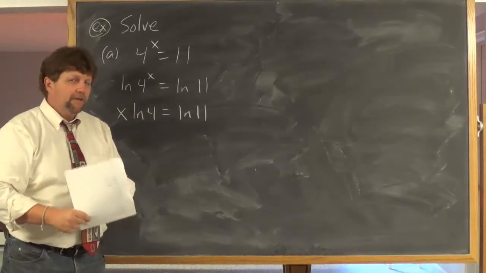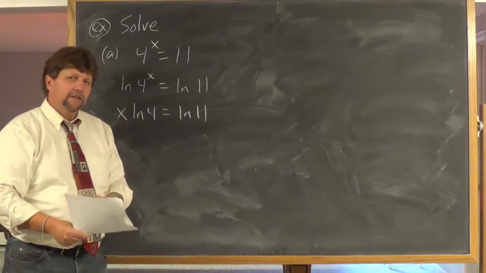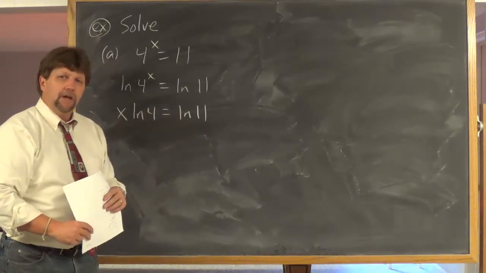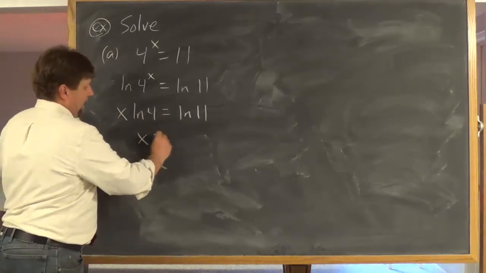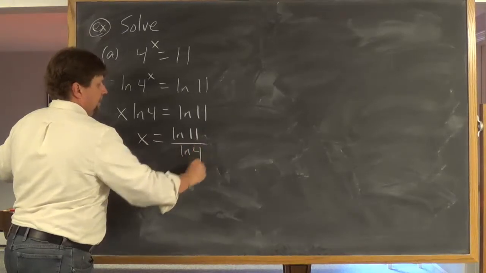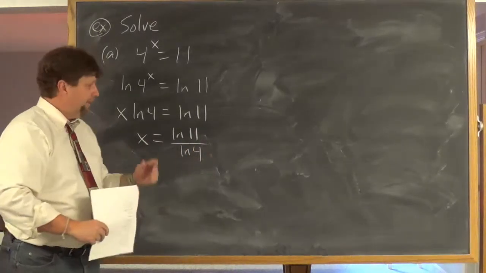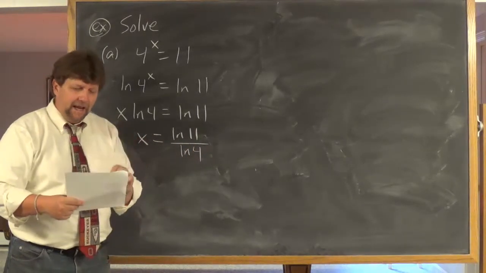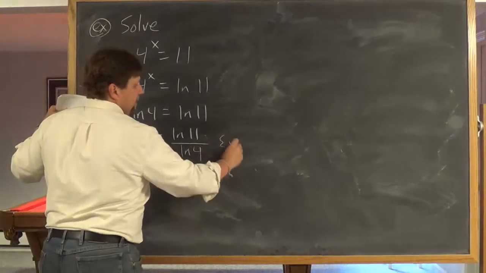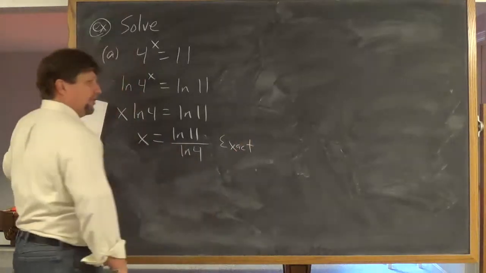Now algebraically, there's just one more step in solving this equation. Divide both sides by natural log 4. And I get x equals the natural log of 11 divided by the natural log of 4. That is the exact solution to the equation. So let me make a note here. This is the exact solution.